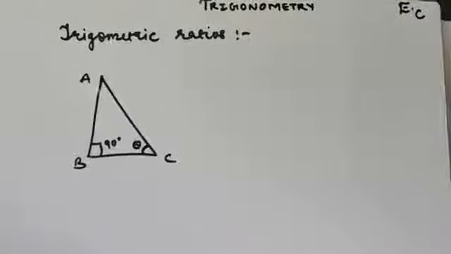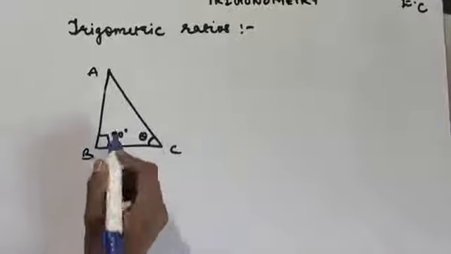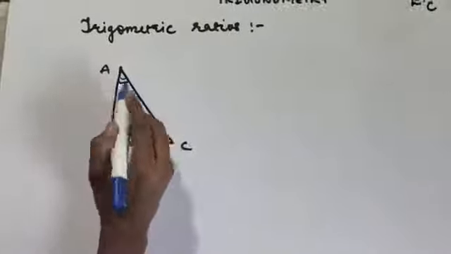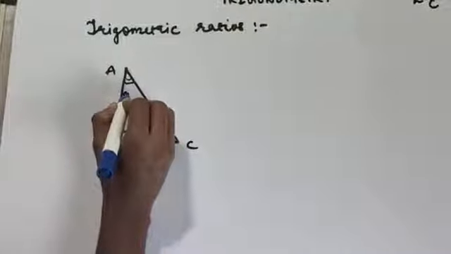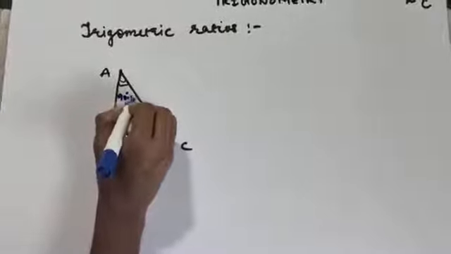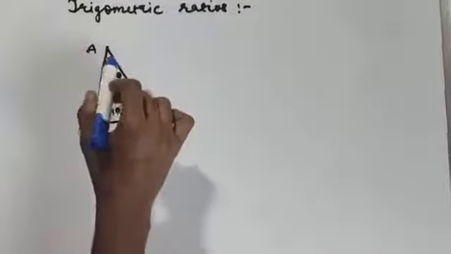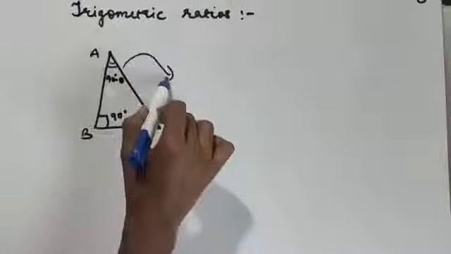Okay, now let's move further by learning the different trigonometric ratios. Angle A and angle C, and we have considered angle C as theta. So measure of angle A will be 90 degree minus theta. Okay, why have we considered A as 90 degree minus theta?